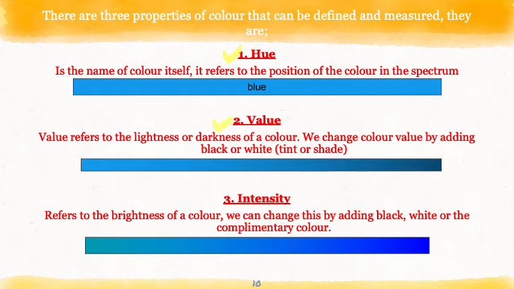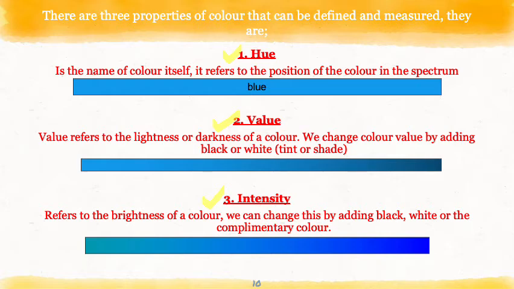And then we have value, which refers to the lightness or darkness of a color, which we can do by adding either black or white to the color scheme. And then of course, intensity is the next word we can use to describe a color, and it refers to either brightness or dullness of color.